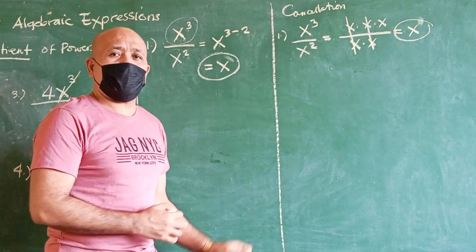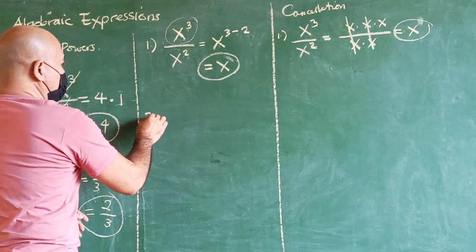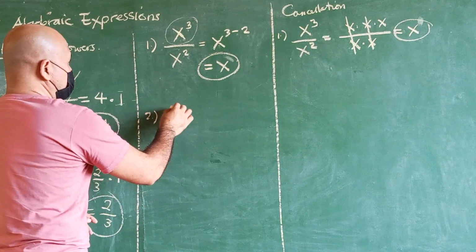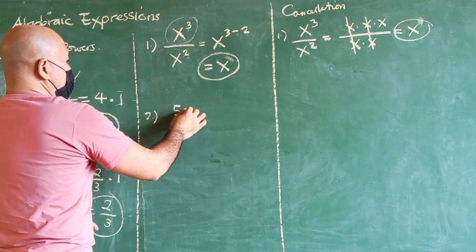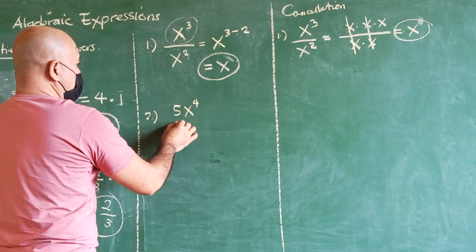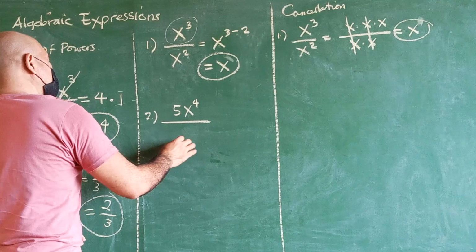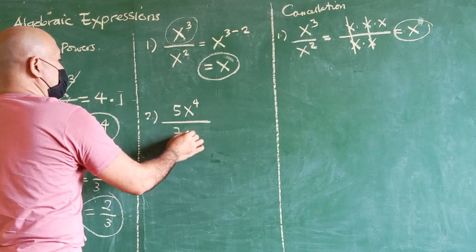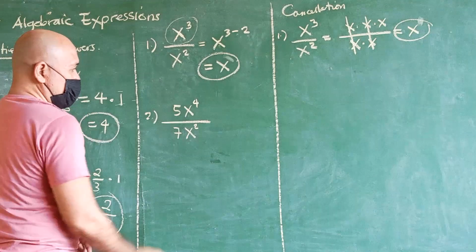Again, this is just a review for you. Okay, so another one. For example, you have 5x raised to the power of 4 over 7x squared.